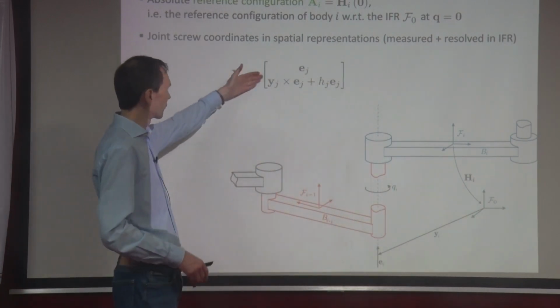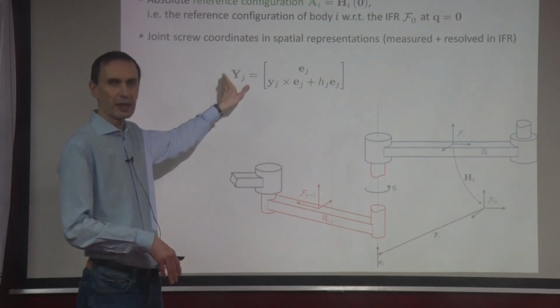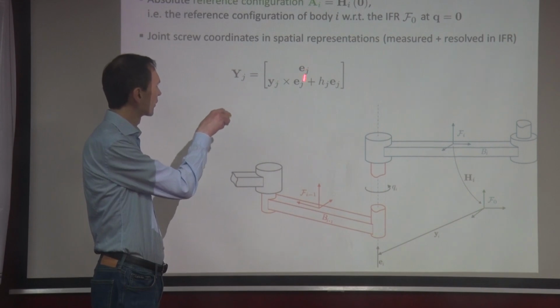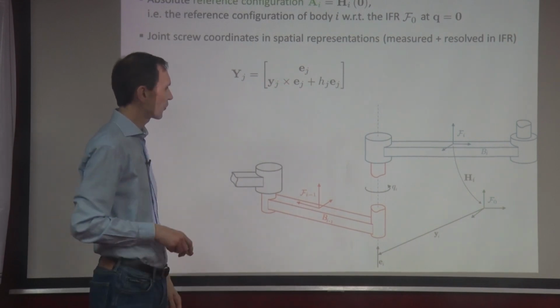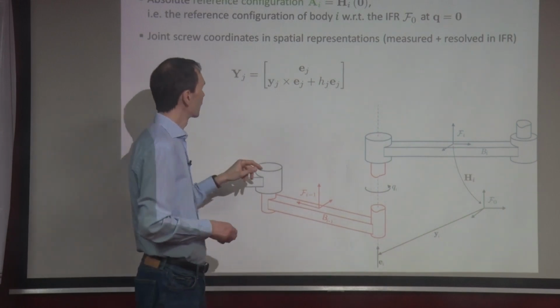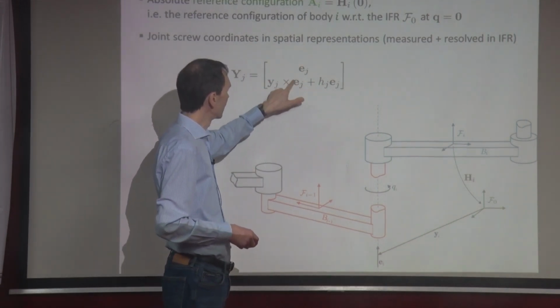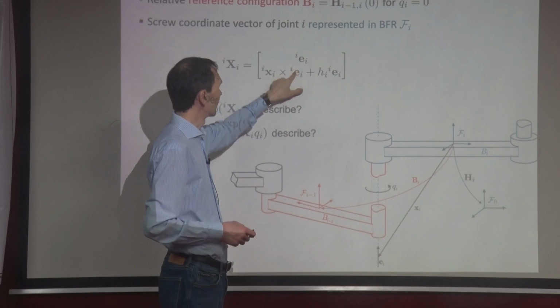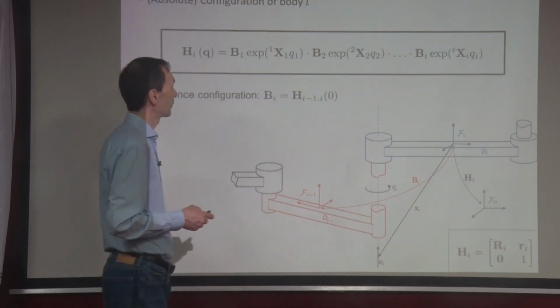And what we get, the screw coordinates, we call them y. Before we called them x, now y. It's the same. You take the unit vector in there, and then you have the y cross e. And as I was saying, whenever we have 0 as index, we skip it, because now the leading superscript would be 0, as we had the I here. Now I is 0, and that's why I skip it.